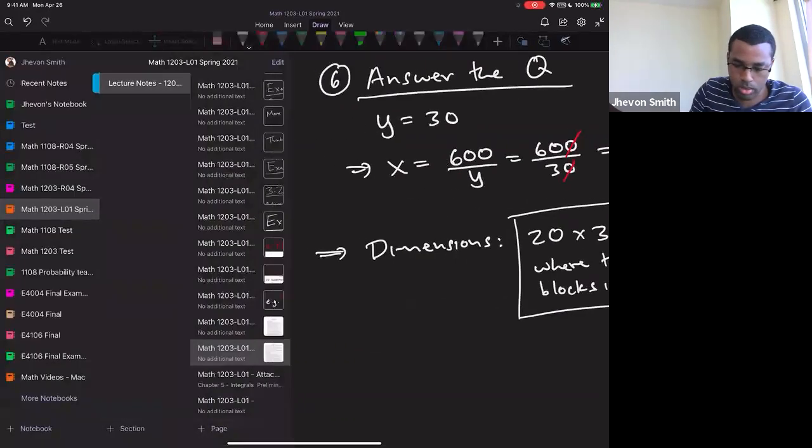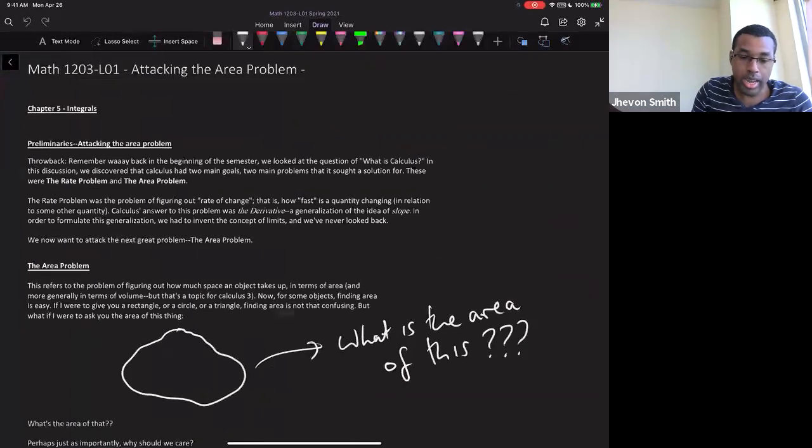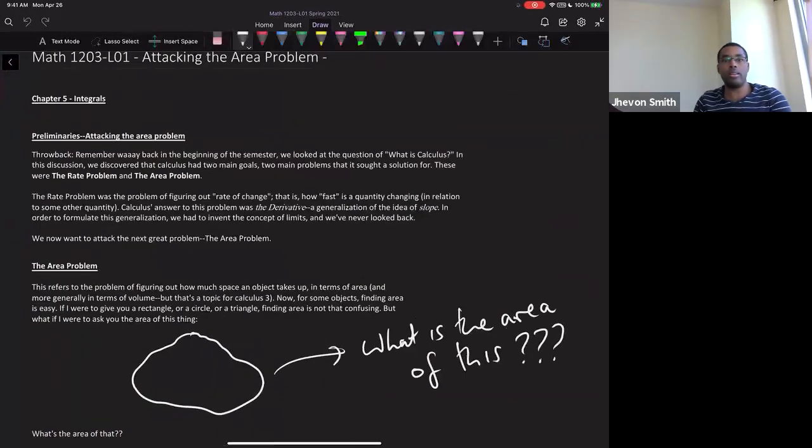Now, the next thing we're going to do is attacking the area problem. We're going to switch things up significantly. So this is what we're going to be doing next time. A part of the reason why I've been moving so slow is lack of sleep. But another part is that I didn't want to finish too early and then force me to start this topic.